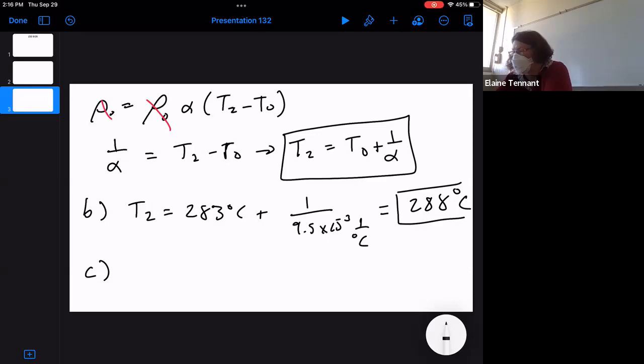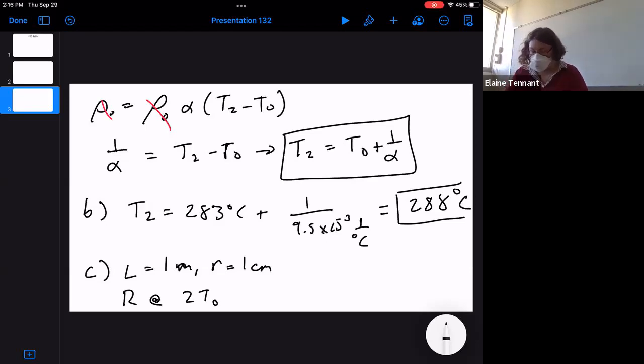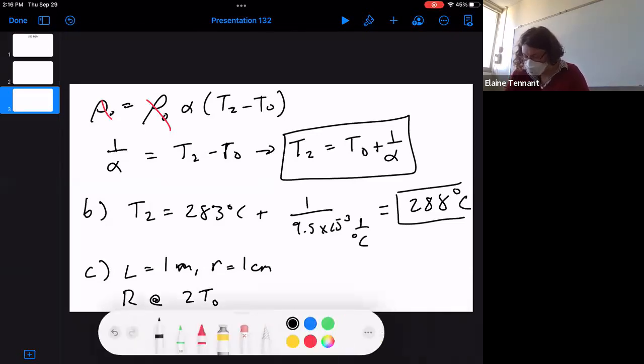Part C tells you if a wire is 1 meter long and it's got a radius of 1 centimeter, what would its resistance at 2 T naught be? I want to come back to this because we haven't actually derived this equation. But for 2 T naught, could you just plug in 288 degrees Celsius?